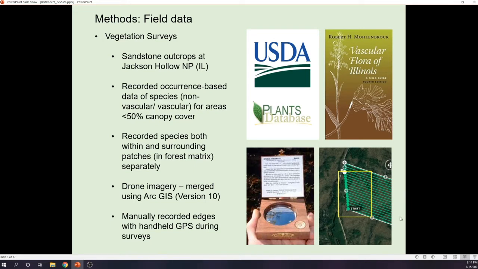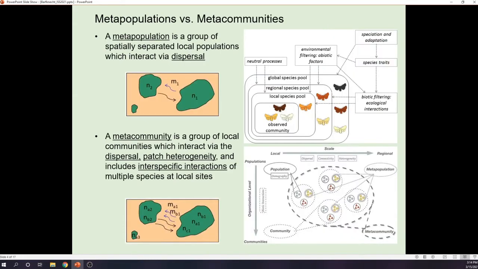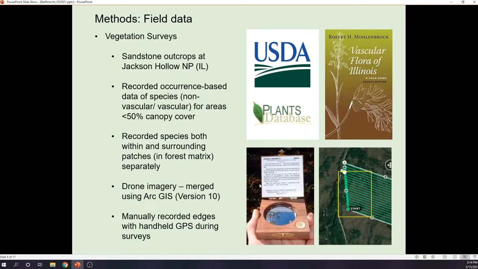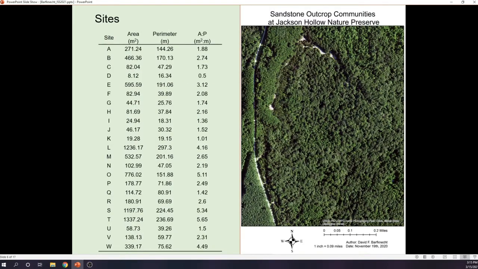But to add more confidence to where I was actually doing my surveys, I manually recorded the edges of each patch using a handheld GPS, and then re-layered that onto the ortho mosaics once they were stitched together in ArcGIS to create a discrete map of suitable patches of sandstone outcrop communities.